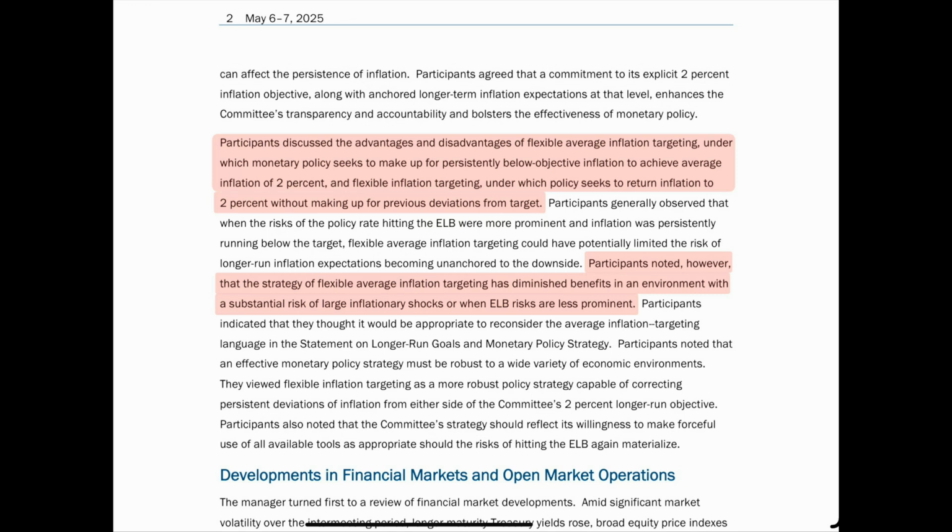And they go on to say that participants noted, however, that the strategy of flexible average inflation targeting has diminished benefits in an environment with substantial risk of large inflationary shocks, or when ELB or effective lower bound risks are less prominent. So they're effectively saying that flexible average inflation targeting benefits will be diminished in an environment such as the one we're in right now, when it is very tariff driven or uncertainty around the tariff impact that we have yet to see fully.